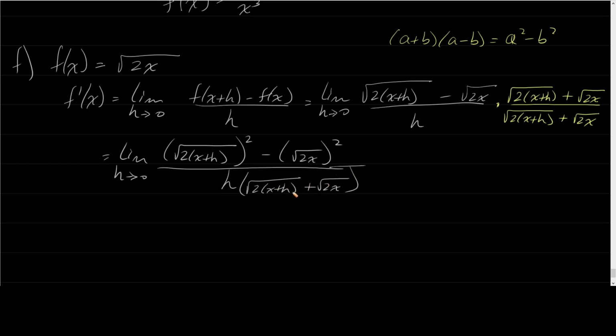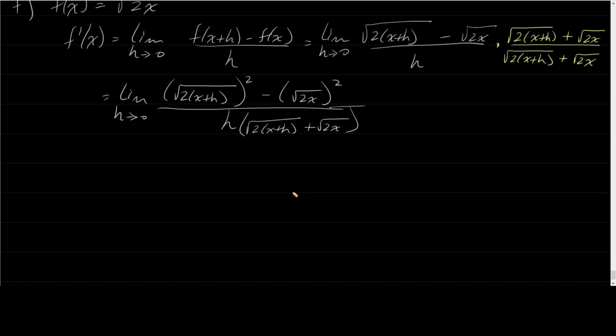At that point, well, what do we see? We see that in the numerator, I have square root squared, so we can rewrite the numerator a little bit. The radical and the square cancel each other out. If I distribute this 2, I end up with just 2x plus 2h minus, again, the radical and the square cancel each other out, so I end up with just 2x there.